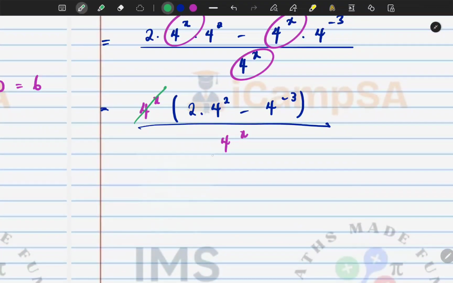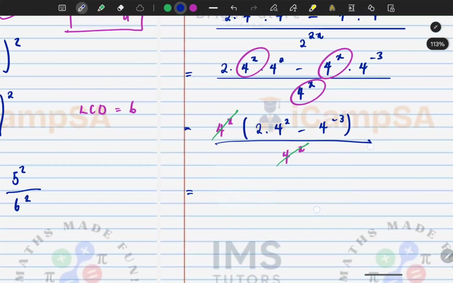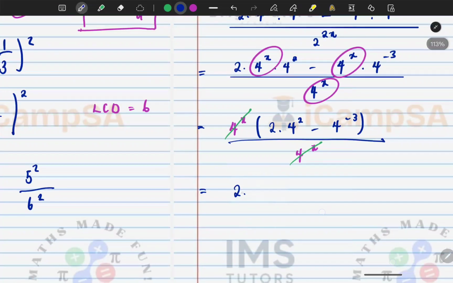Then the 4 to the power of x terms will cancel each other. Then I'll be left with 2 times 4 to the power of 2 minus 4 to the power of minus 3.